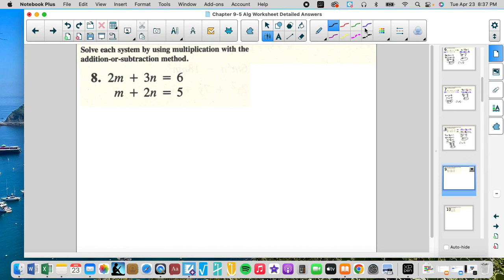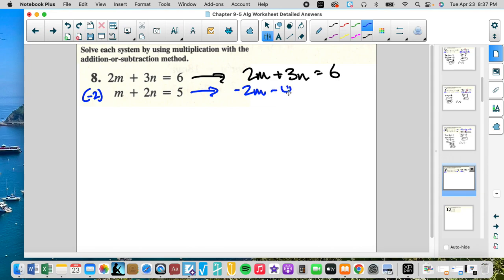I'll multiply the bottom by -2 to get rid of the m's. Top equation stays: 2m plus 3n equals 6. Bottom equation now becomes -2m minus 4n equals -10. The m's cancel. That leaves us with -n equals -4. Divide by -1.